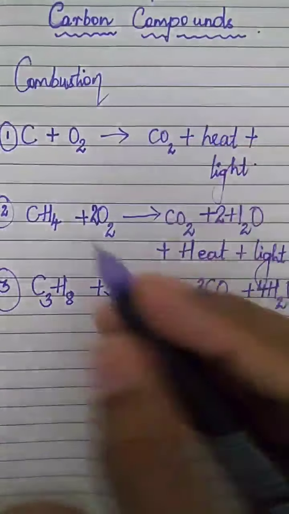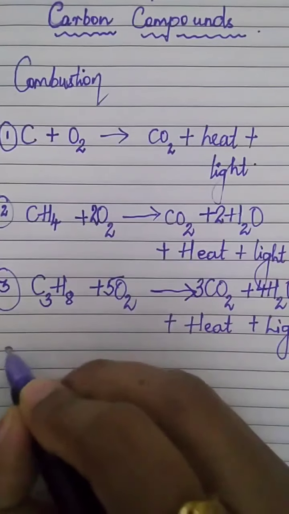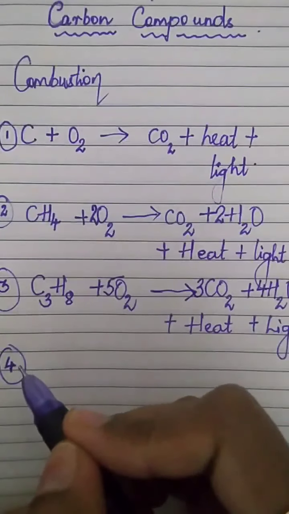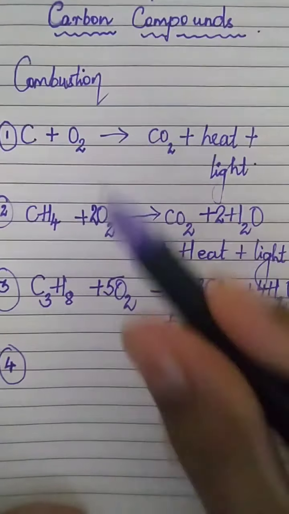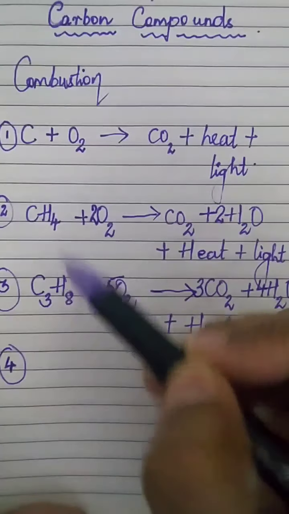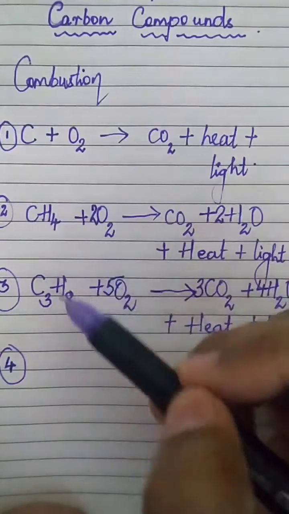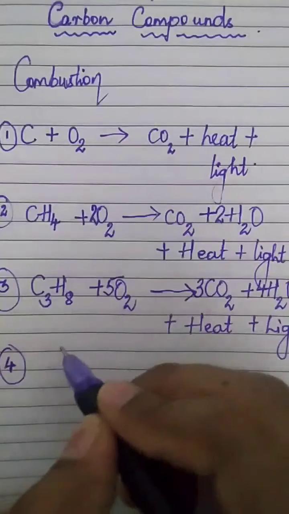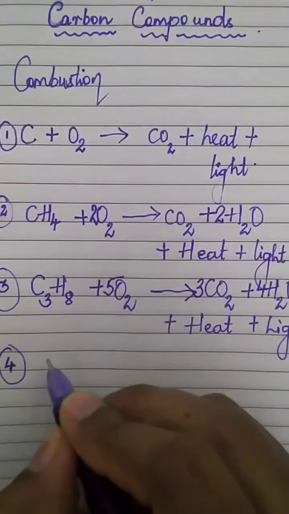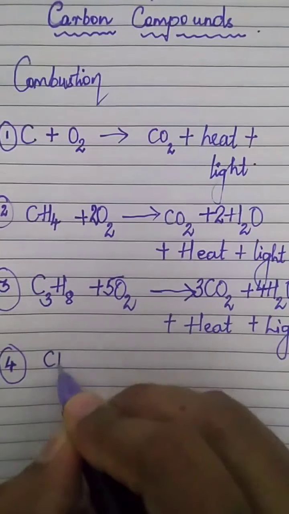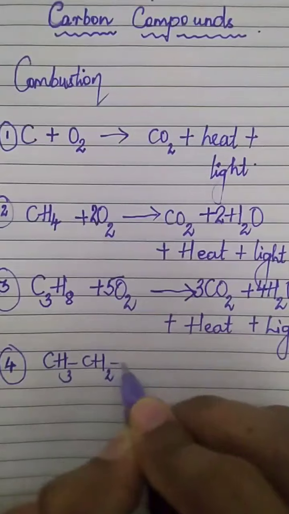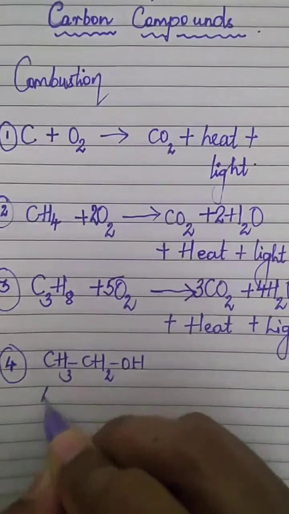After going through these reactions, the fourth reaction that you have to learn in combustion is about an alcohol. Please remember, these are all saturated hydrocarbons, no double bond or triple bond. Now we'll talk about an alcohol, ethanol, CH3CH2OH.